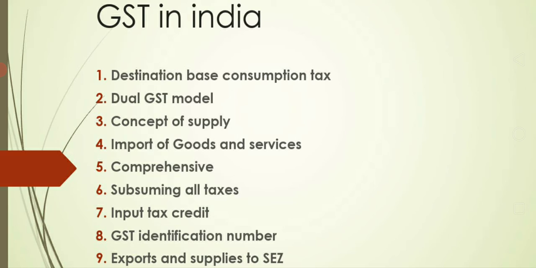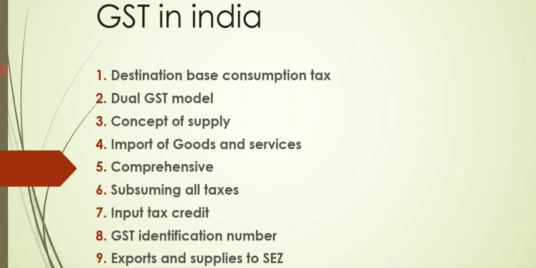GST is levied on supply of goods and services, and the supplier is allowed credit for the GST paid on purchases. The credit is seamless except that the credit of CGST paid is not allowed for set off against SGST payable.